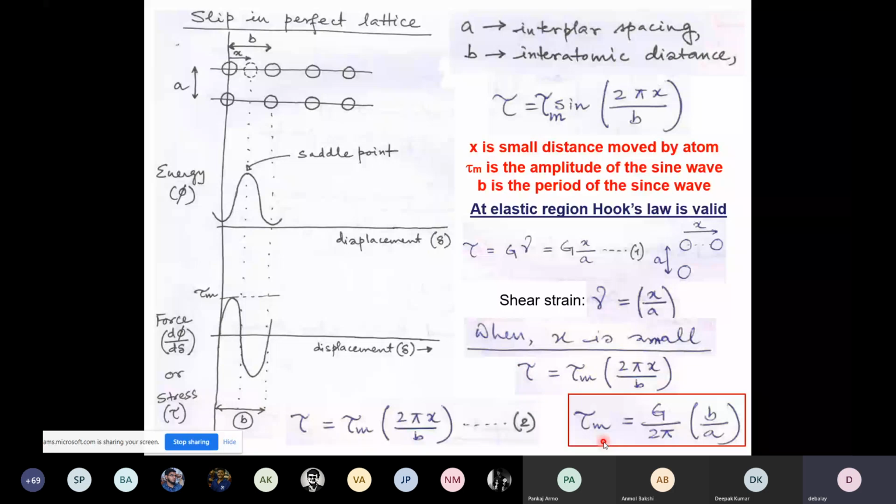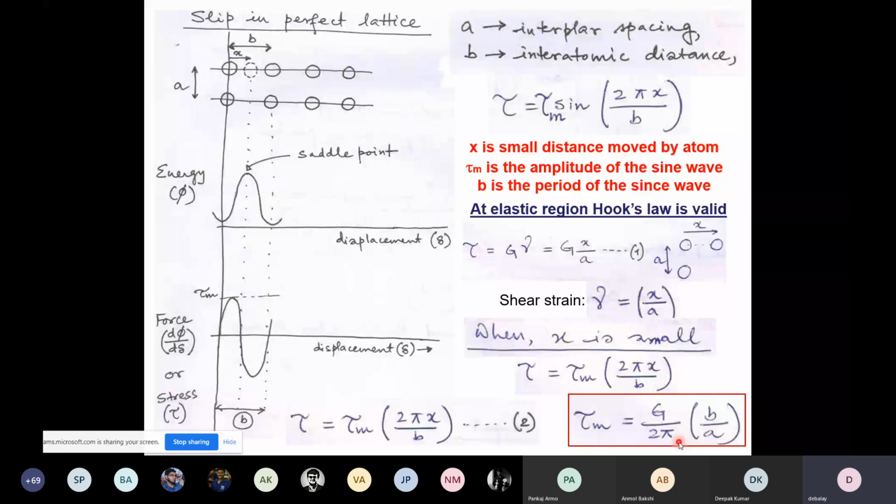And what is this tau m called? This is my question today. What is the tau m called? Maximum stress required to produce a dislocation. Yes, you are very right. To create a dislocation, what is the exact term?